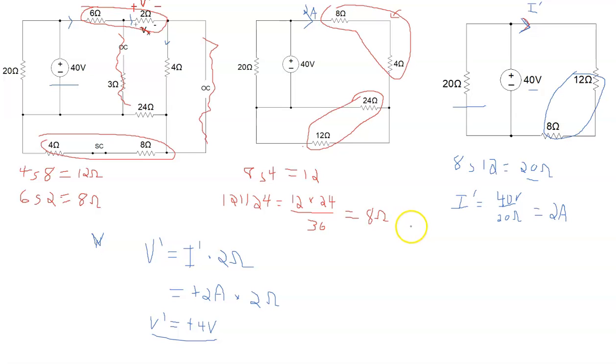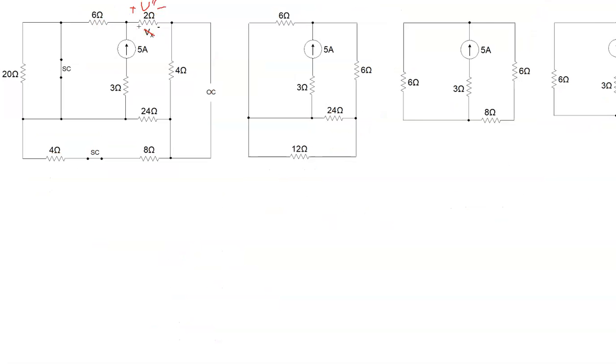So now we move on to the next source, and the next source I decided to do is the 5 amp source. You do these in whatever order you like. One of my circuits is off the screen there, so let's pull it back in for the screencast part.